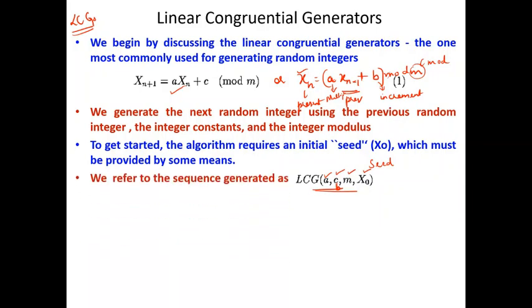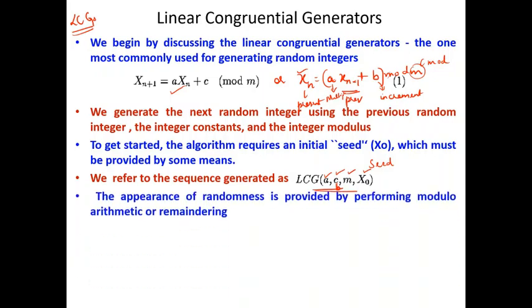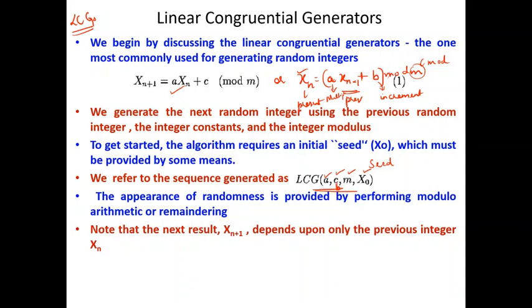So we refer to the LCG as shown. The appearance of randomness is provided by performing mod arithmetic, or what? Remaindering, or we find the remainder after computing the given modulus. We call that residue arithmetic also. Because we are using modulo, we get the appearance of randomness here.